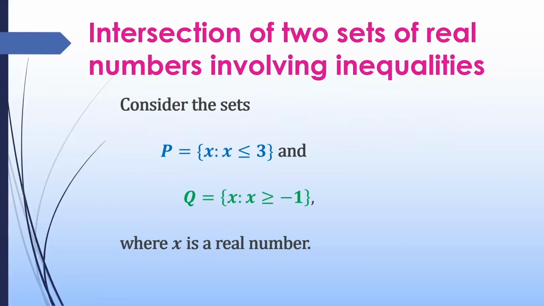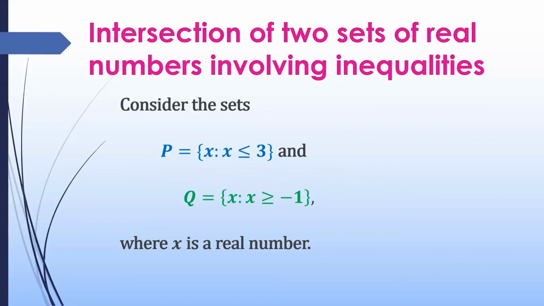Now we move on to intersection of two sets of real numbers involving inequalities. Do you still remember that we have come across the terms intersection and union in the previous grades in the chapter sets? Do you still remember what is meant by intersection? Yes, intersection means the elements which are common to both sets.